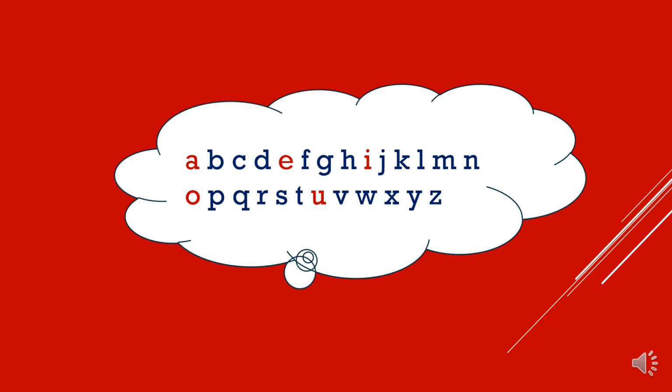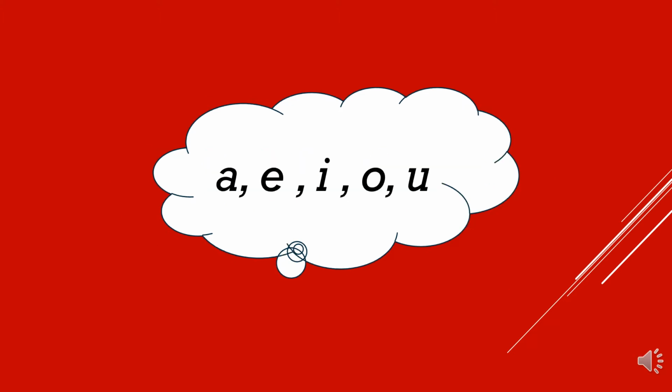You can see the vowels in red color on the screen. So dear students, we have 5 vowels. Can you speak with me? Okay, let's start. A, E, I, O, U.